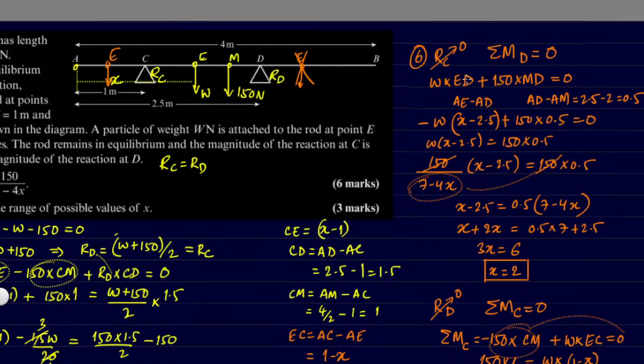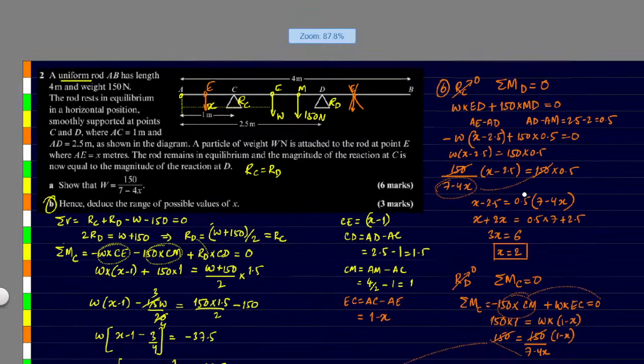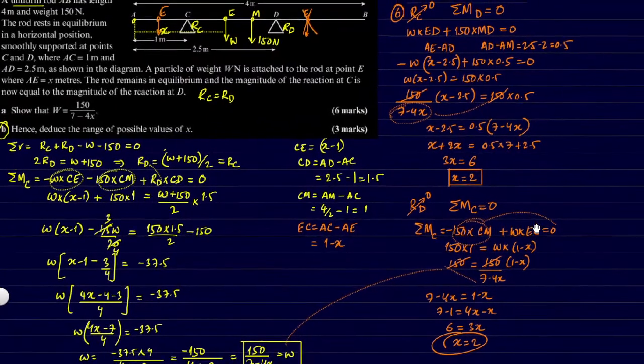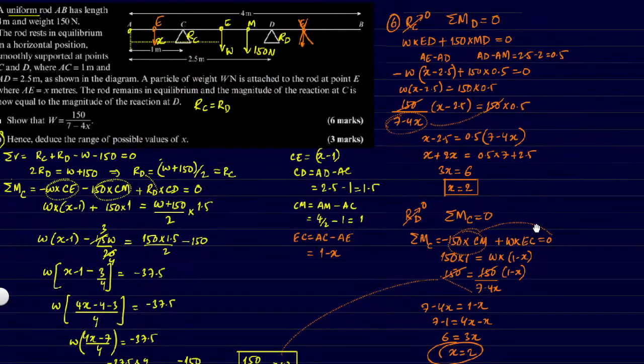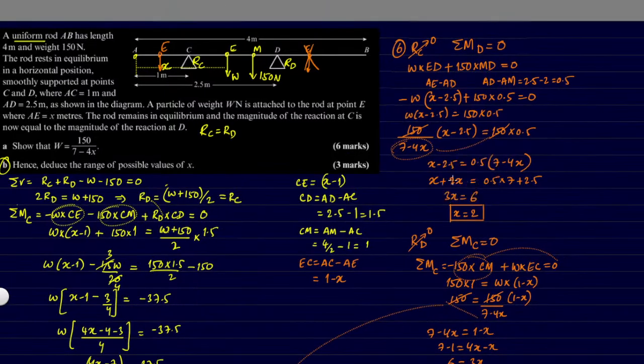W into ED. ED is AE minus AD. Correct. X minus 2.5. What went wrong? We are getting the same values of x, and both these values of x make it fall inside the two supports, which means the answer is not right. So definitely the answer we got is wrong.